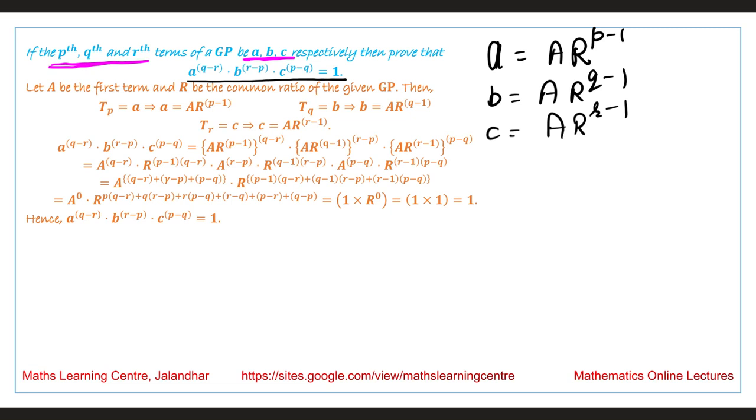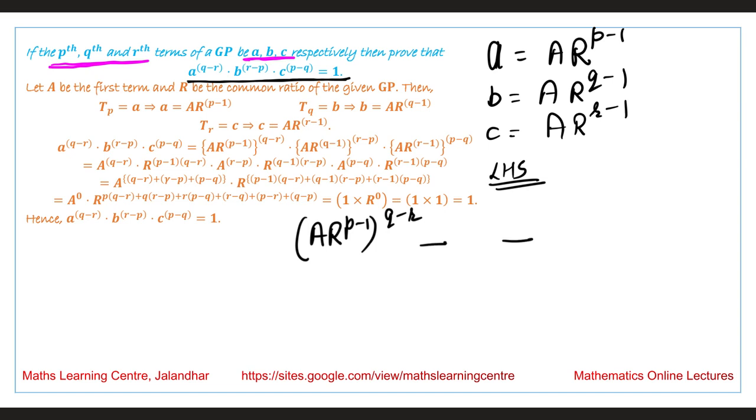Now if we substitute these values over here, in the left hand side we will obtain a raised to the power q minus r, we are having a into r raised to the power p minus 1 whole raised to the power q minus r. Similarly the next term and similarly the next term.